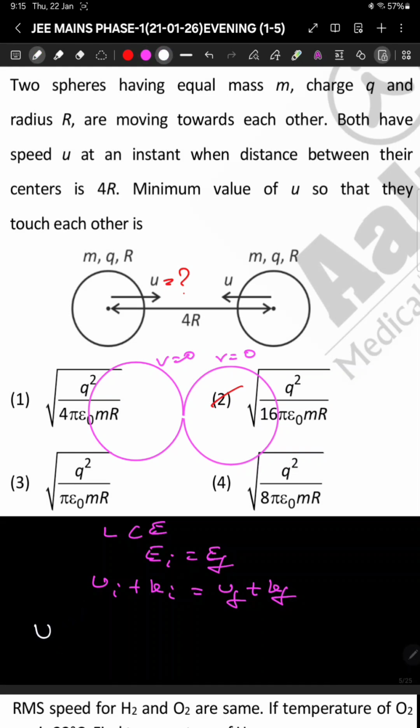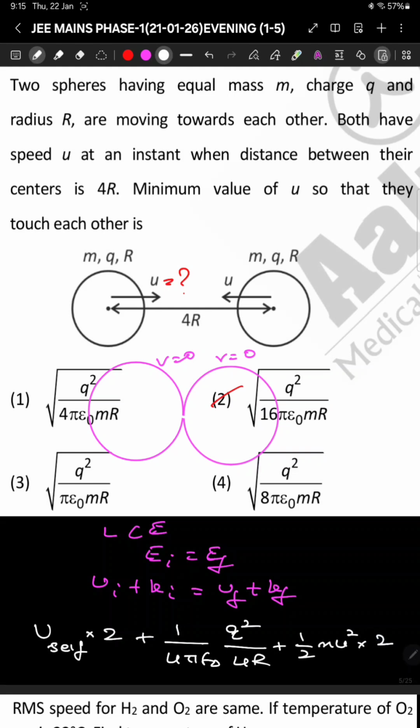It's not a point, it's a sphere. So the self energy of a sphere plus, with the same charge and same mass, the self energy of the second sphere, twice will be there, plus the interaction energy for both spheres, 1 by 4 pi epsilon naught, q into q square by the separation 4r, plus the kinetic energy of each sphere, half m u square. Two spheres are there.